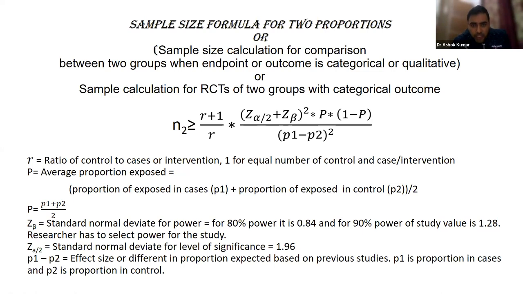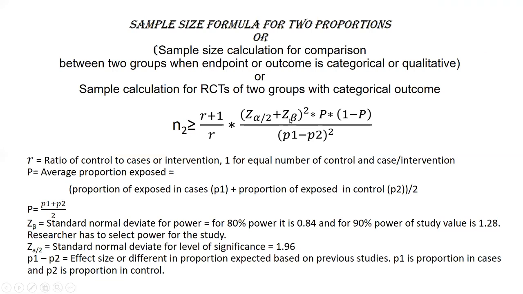Then plus Z beta. Z beta means Z1 minus beta. If we take 80% power, this will change, okay? And what is the value of Z beta at 80%? We know. And Z beta or 1 minus beta, same thing, at 90% we know. Then what we have to do?